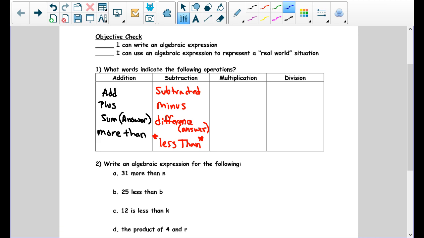What about multiplication? Product. Watch out, again, that's the answer to multiplication. Times. Multiplied by.